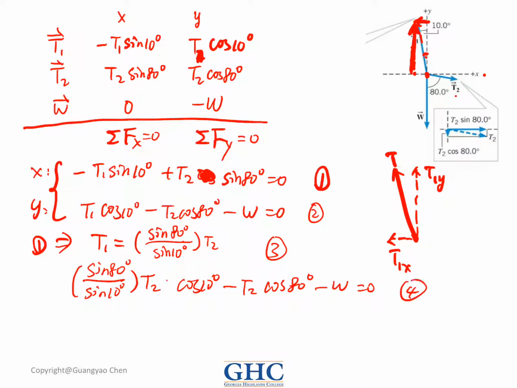So let's create a 4. So in equation 4, you only have one variable that you don't know, which is T2. So you can solve for T2. And in the end, you find that T2 is 582 newtons.